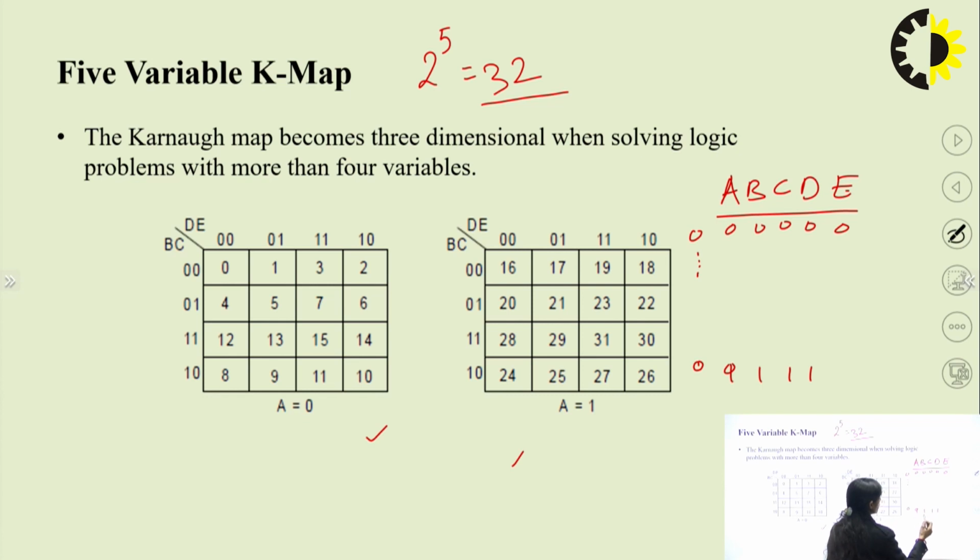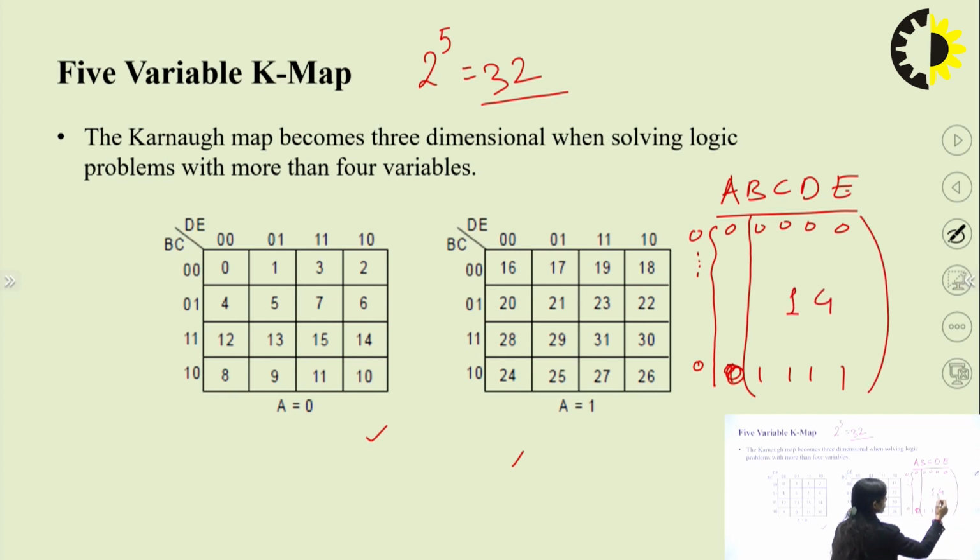So this is for A equals to 0. A equals to 0 forms one complete 4 variable K-map. This corresponds to logic A equals to 0.